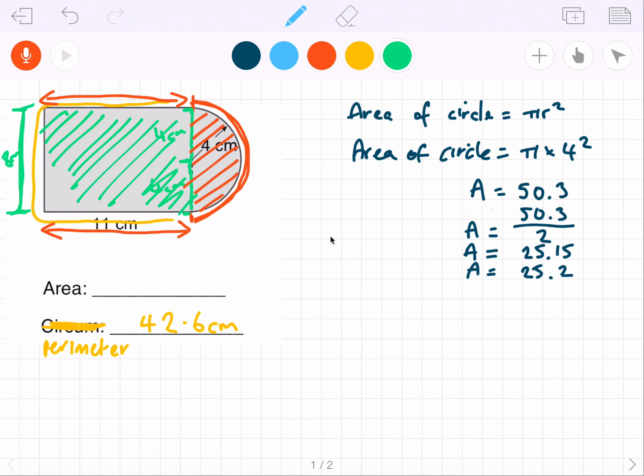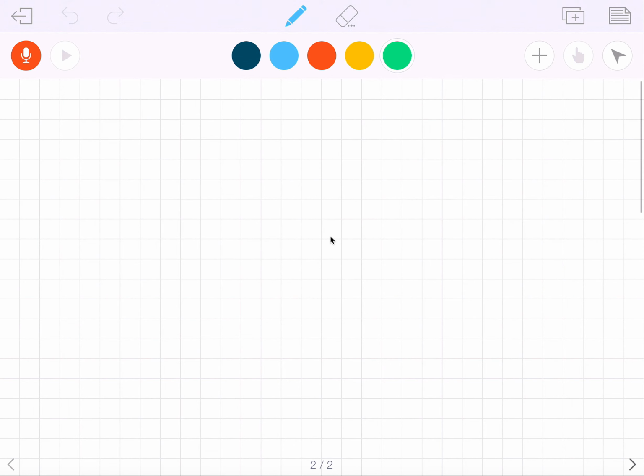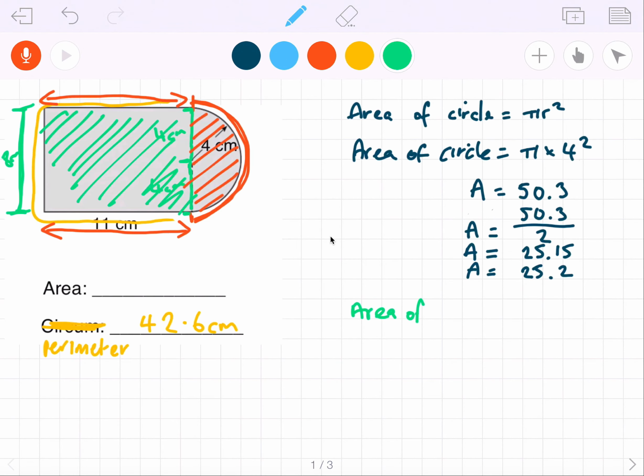That's just working out the area of a rectangle, and we know that the area of a rectangle, sorry about that, I keep accidentally pressing that button like a doofus, equals the width multiplied by the height.